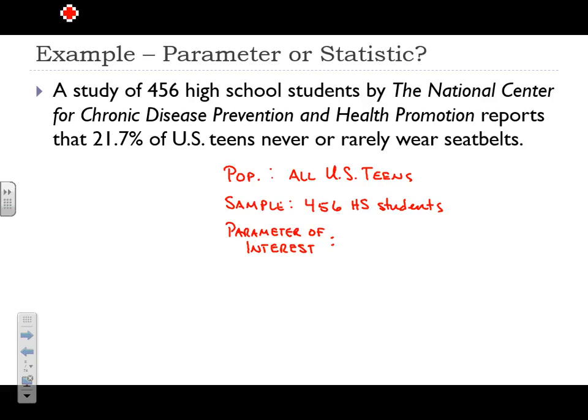They want to know what were we trying to measure. How many in what fashion though? Did they want the number of students that? What percent of U.S. teens wear seatbelts, right? So the parameter of interest is the exact percent of U.S. teens who wear seatbelts.